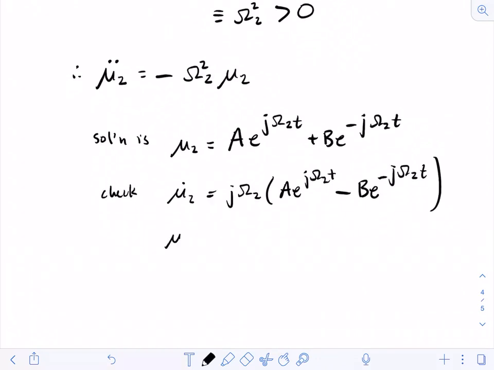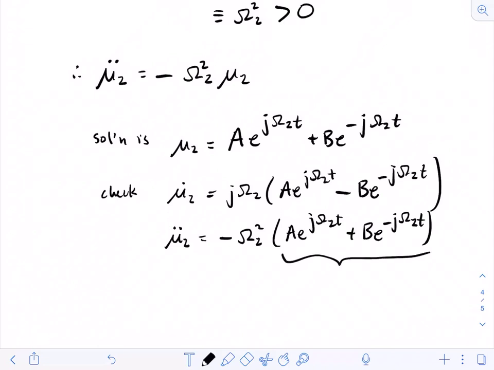And then if we take a second time derivative, we get another factor of j omega 2. So we get j squared, which is minus omega 2 squared, and then we get e to the j omega 2t. We'll pick up another minus sign for the second term, and so it becomes plus b e to the minus j omega 2t.